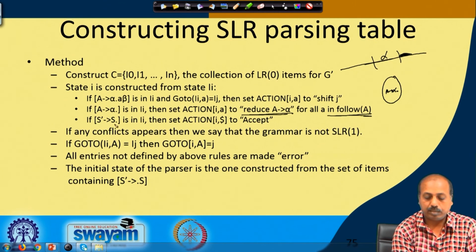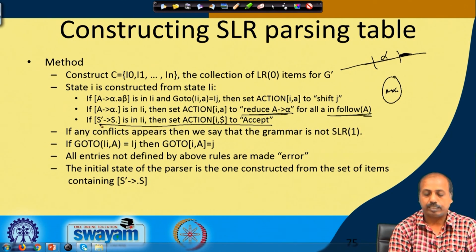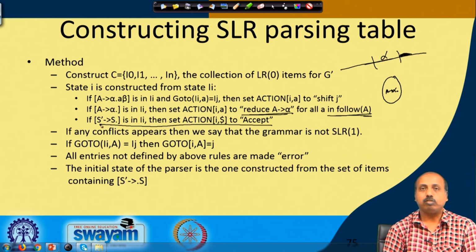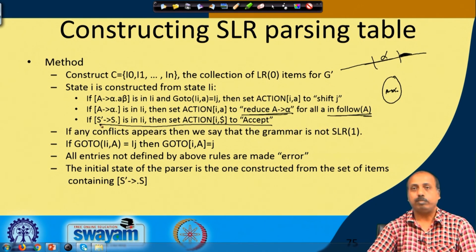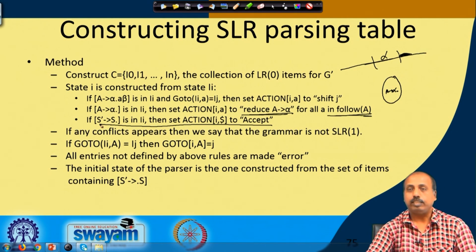And this is the case where, whenever we are going to do S dash producing S dot, it is going to be the accept state. We will discuss this parsing table construction strategy in detail in the next class.